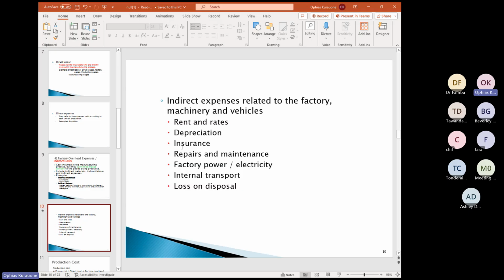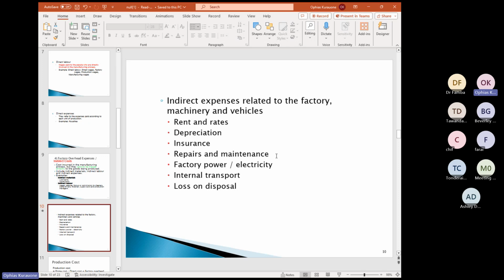Insurance: you need to be insured in case of emergencies, such as fire outbreak, theft, and any other incident which might happen. Then you are talking about repairs and maintenance. Repairs and what? Maintenance.